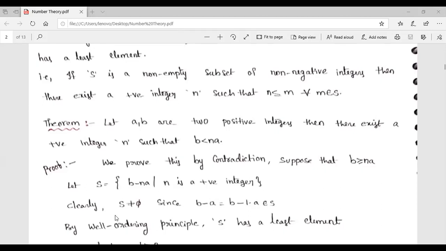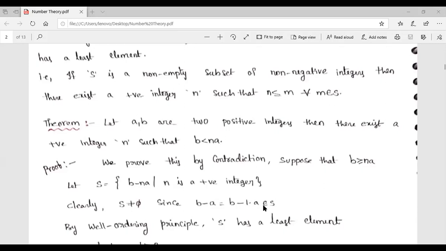So clearly S is a non-empty set, since b minus a, with n a positive integer, taking the least value n equal to 1, gives b minus 1 into a, so b minus a.